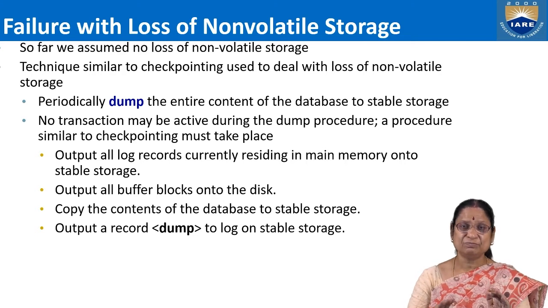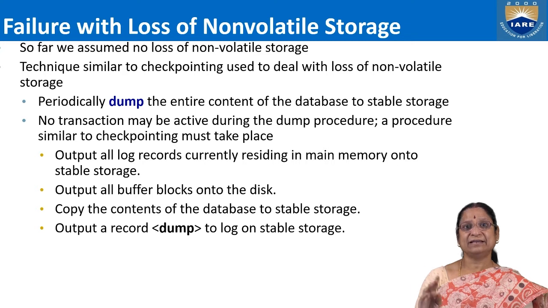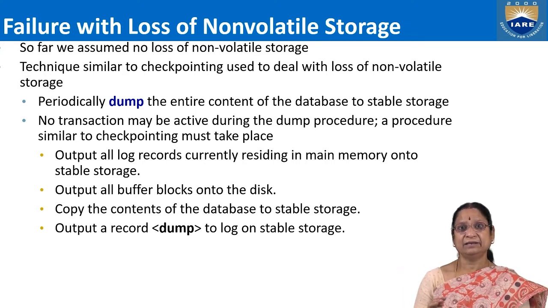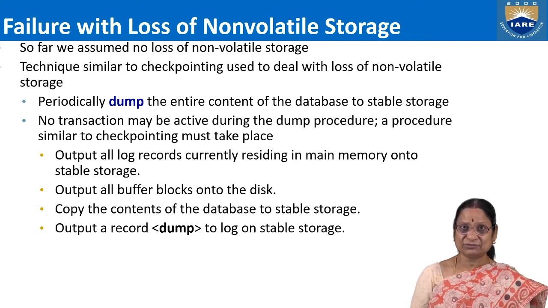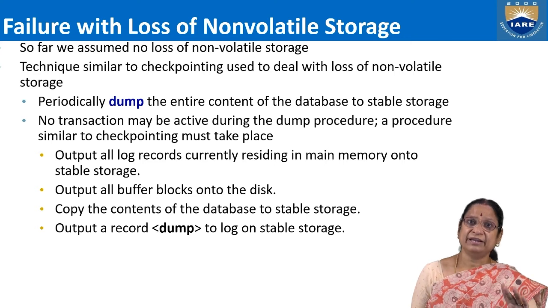Before taking any dump, all log records currently residing in main memory must be sent to the stable storage, and all contents of the database buffer blocks must be output to the disk. Then output a dump record to the log on the stable storage also. Then start taking the backup. That means everything up to that point is updated in both our database and our log.